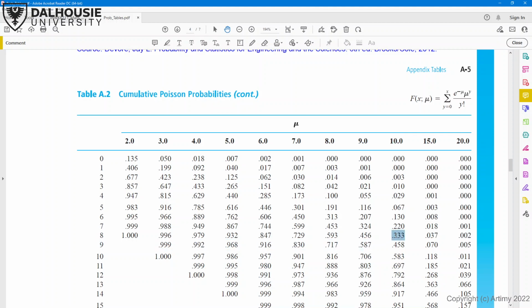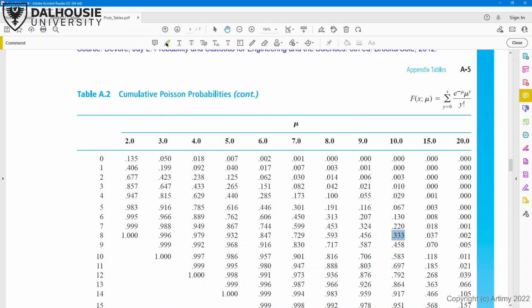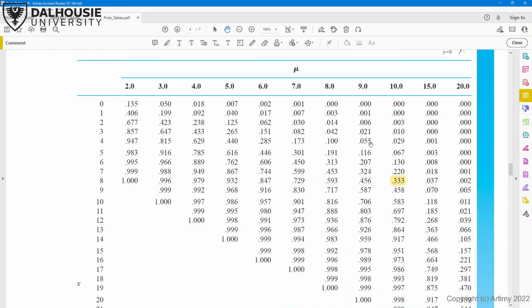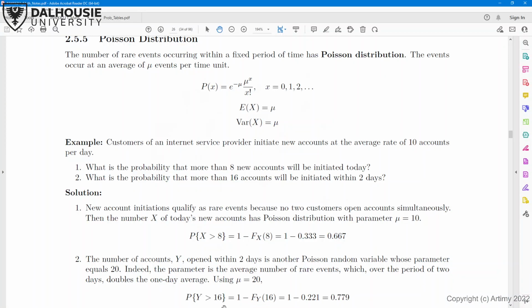So that's 0.33. Trying to highlight it again. So here. So that's 0.33. So if I plug this number here, I get 0.667. And that's my answer.